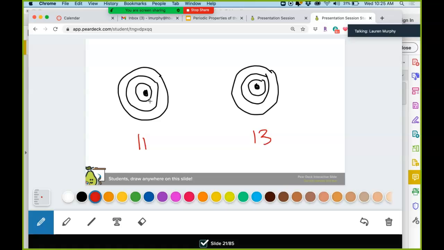Neutral aluminum has 13. 1, 2, 3, 4, 5, 6, 7, 8, 9, 10, 11. 1, 2, 3, 4, 5, 6, 7, 8, 9, 10, 11, 12, 13. Okay, so this is aluminum. Oops, I'm sorry. This is sodium, neutral sodium, and this is neutral aluminum.